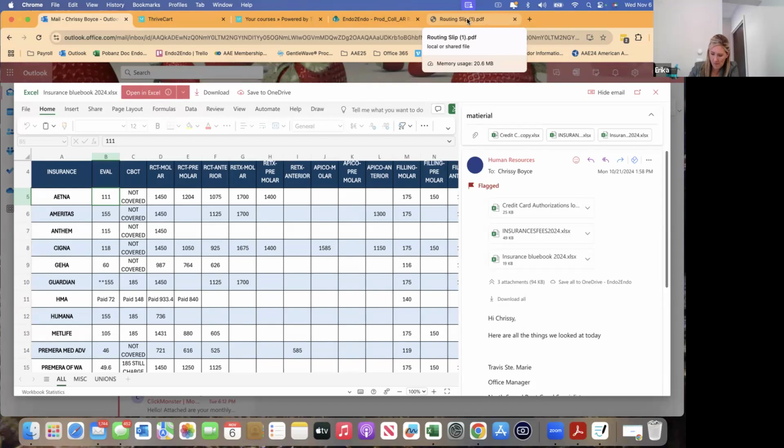The reason we did that is because we didn't know how many evaluations had been used. And it's just better to give a refund than it is to send a statement. So all evaluations were collected in full at the time of the appointment, and we just let them know they would get a refund for whatever the insurance covered, if anything.